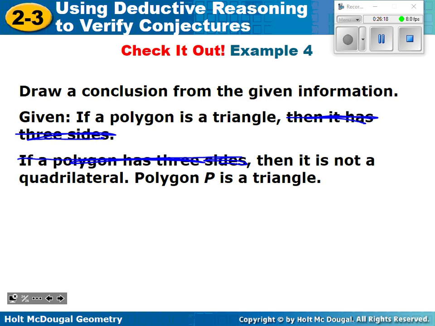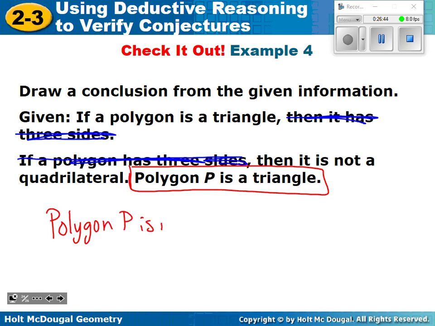What is our new if-then statement? Okay, if a polygon is a triangle, then it is not a quadrilateral. The next bit of information they give you is polygon P is a triangle. If a polygon is a triangle, so what can we conclude about polygon P? Exactly. So polygon P is not a quadrilateral.